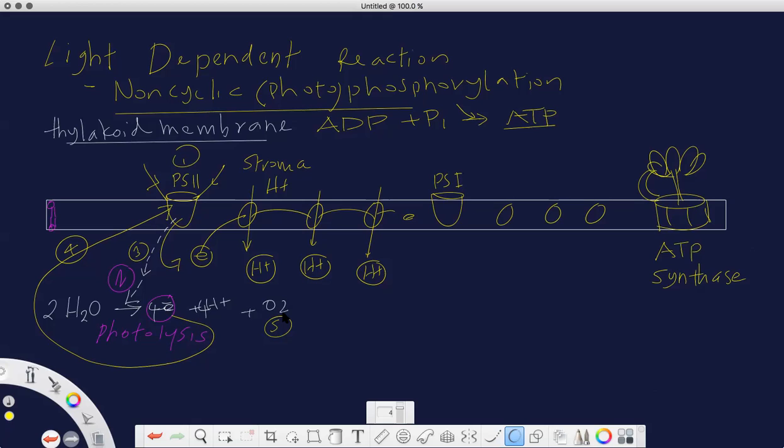Right, now we found a solution for the first problem, how the electrons come back to the electron hungry atoms in the photosystem 2. Okay, next we are going to the photosystem 1.